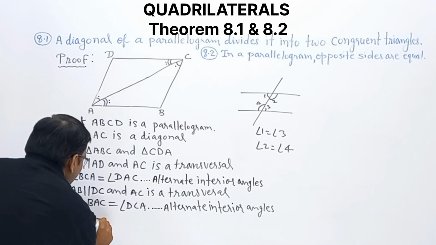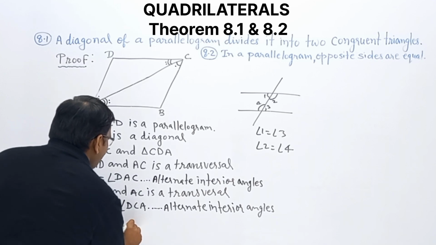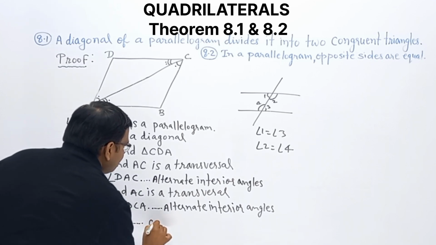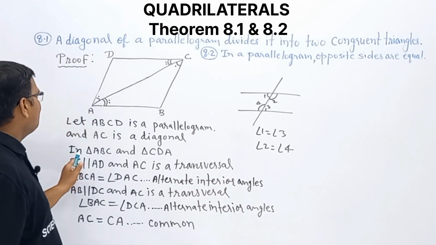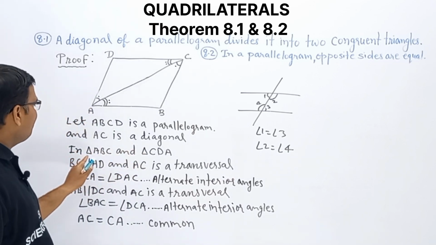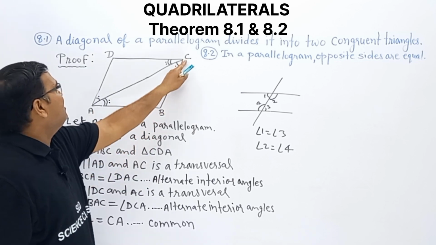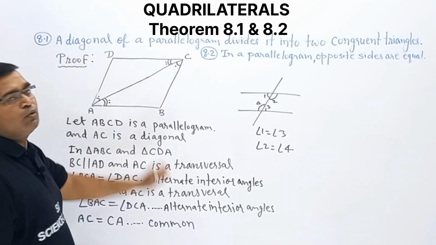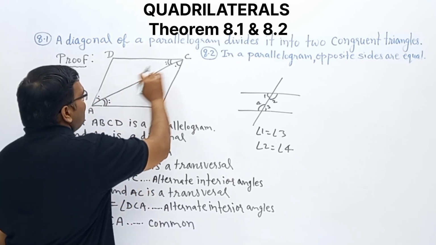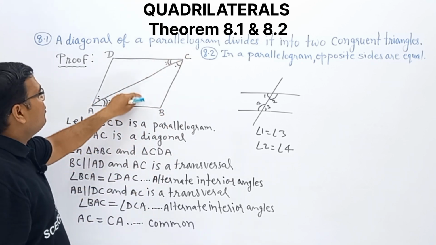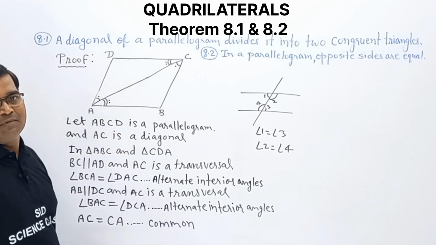AC is equal to CA, common in both triangles. We are discussing these two triangles, ABC and CDA. Once the diagonal passes and divides the parallelogram into triangles, we want to prove whether they are congruent or not.